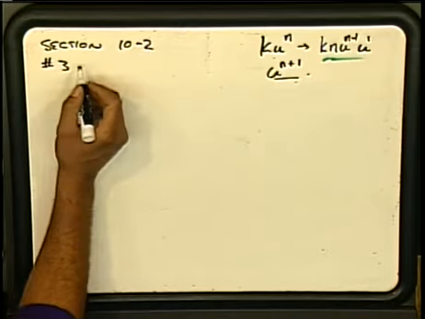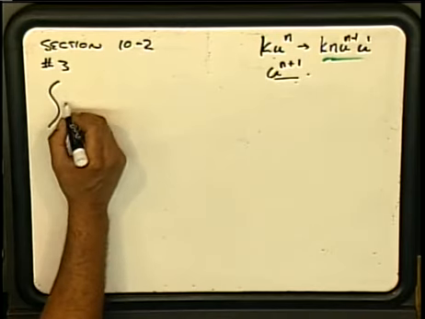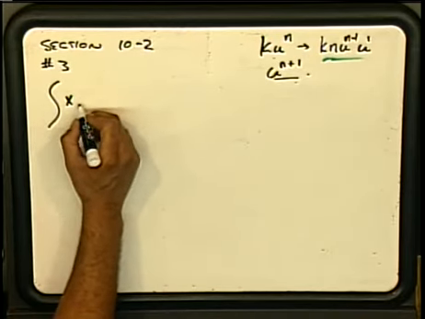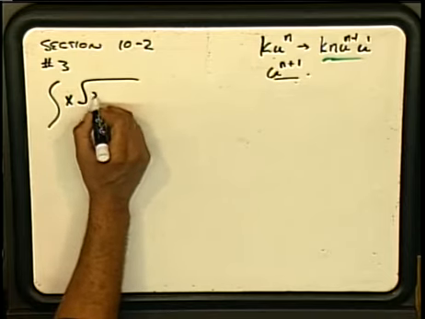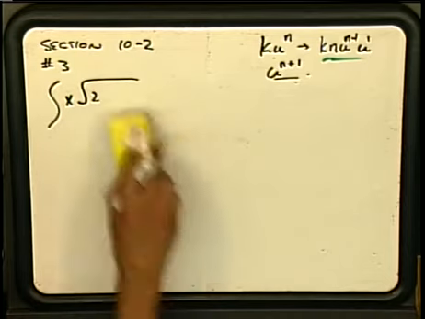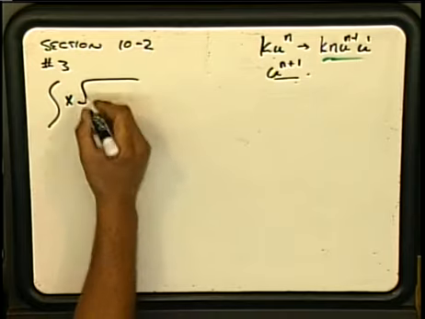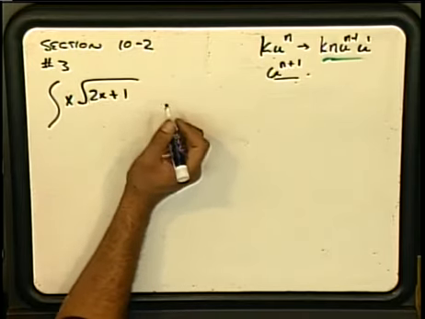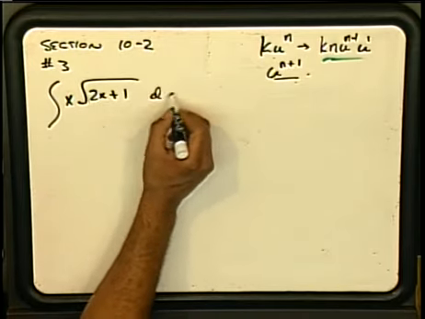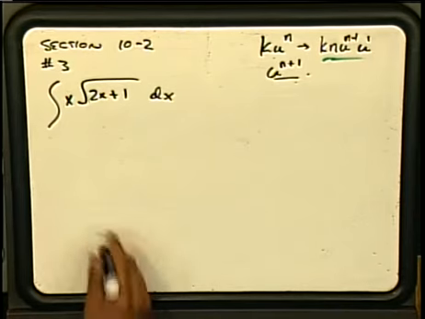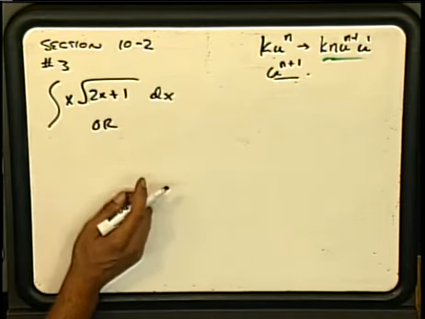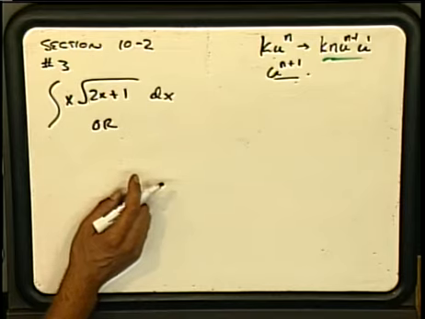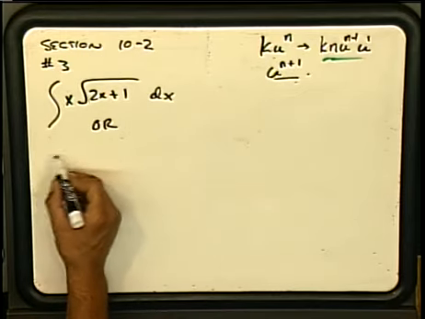Number 3, they want you to integrate x times the square root of 2x plus 1 dx. This is indefinite integration by substitution.